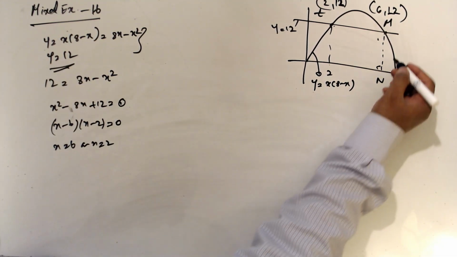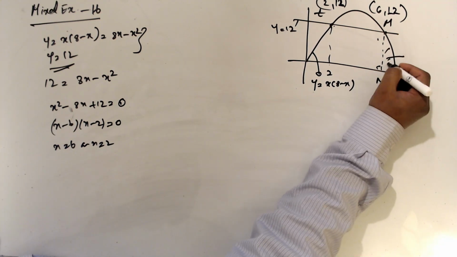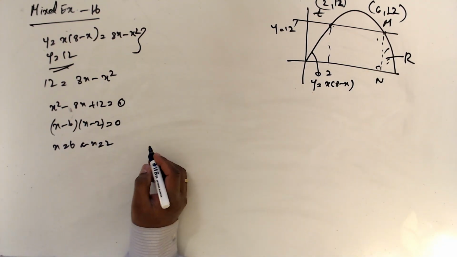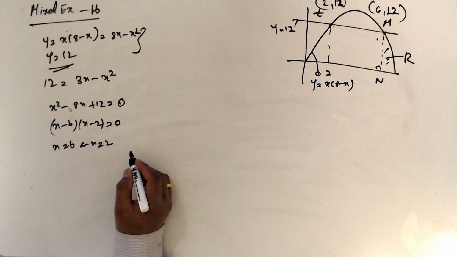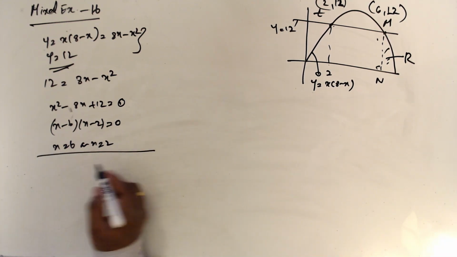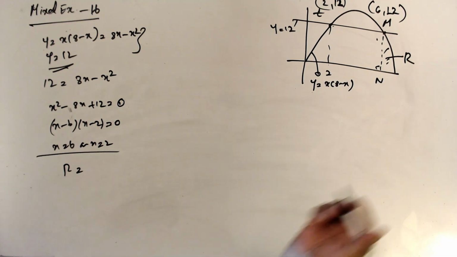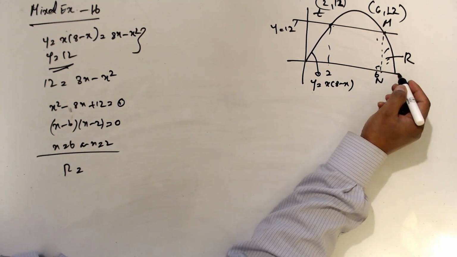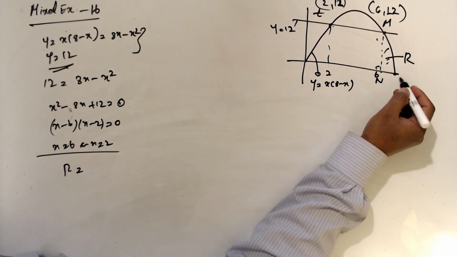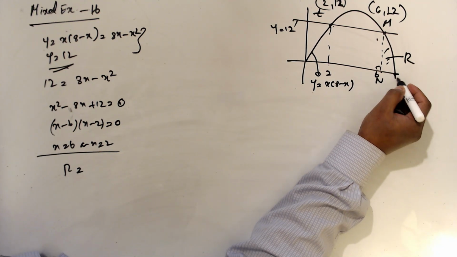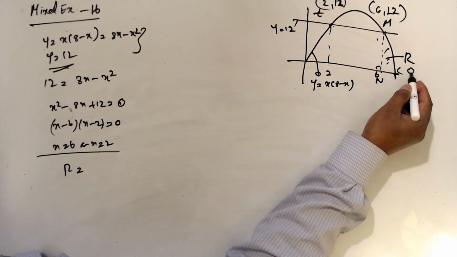Now we want to find this shaded region. Let's say R. We can find R. R is from 6, and to calculate this I need to know this point. At this point y equals 0.